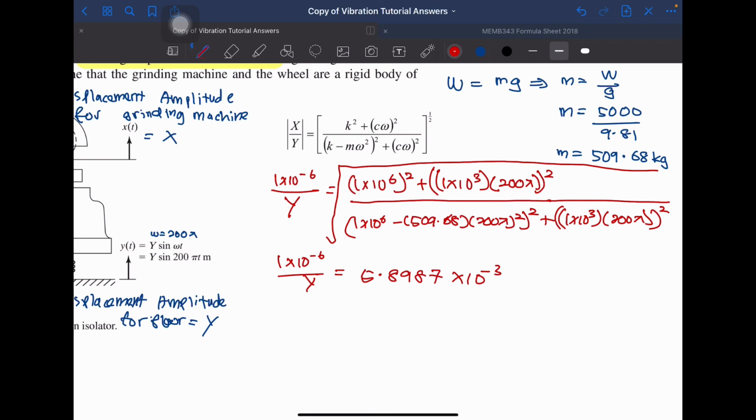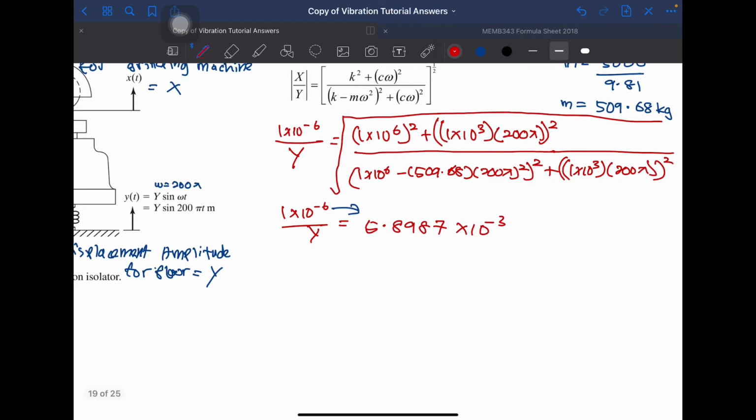Next, since we are going to find y, bring 1 times 10 to the power of negative 6 to the right side. If you bring the upper part of the fraction to the other side, it becomes divide. So y equals 1 times 10 to the power of negative 6 over 5.8987 times 10 to the power of negative 3.